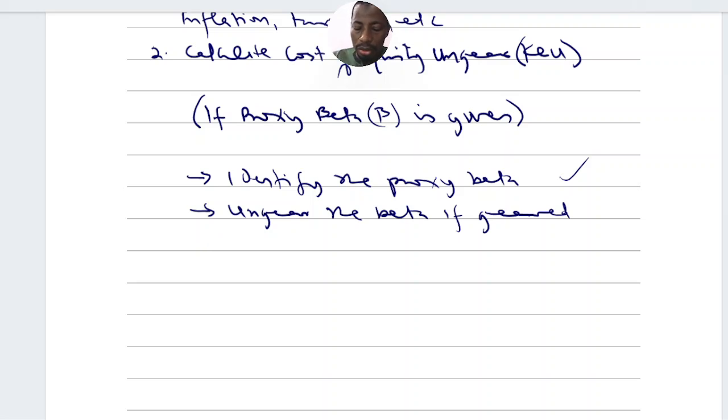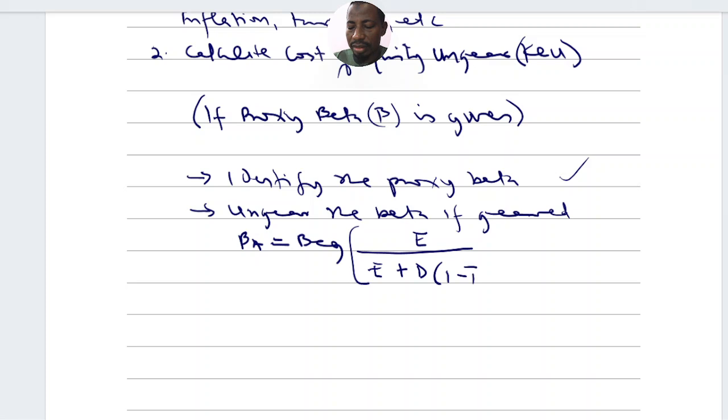Ungear beta simply means asset beta. Therefore, the formula you are going to use will depend on whether you are given debt beta or not. But where the debt beta is assumed to be risk-free, then the asset beta will be calculated as beta equity of a geared company multiplied by equity value divided by equity plus debt (1 minus tax).